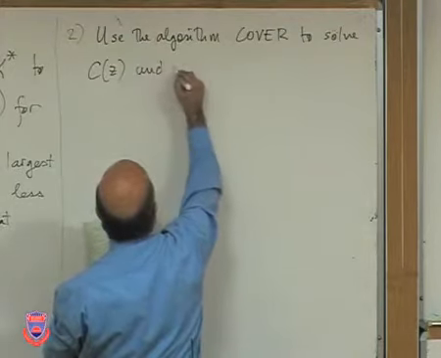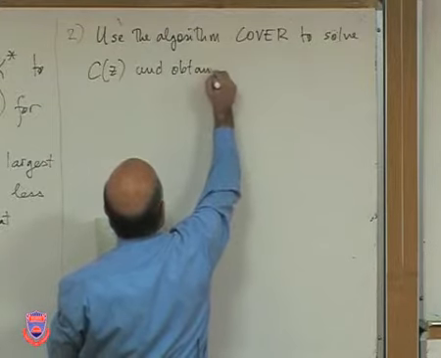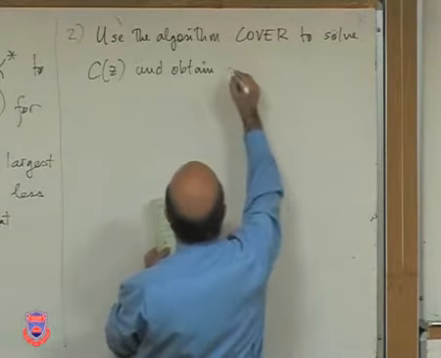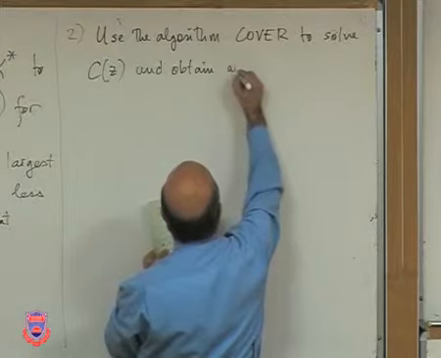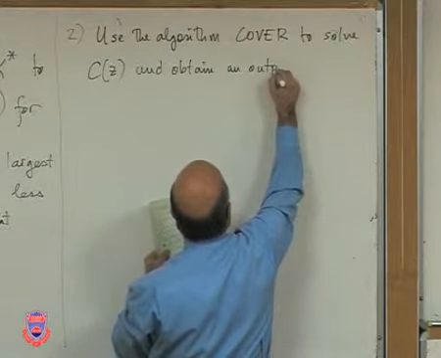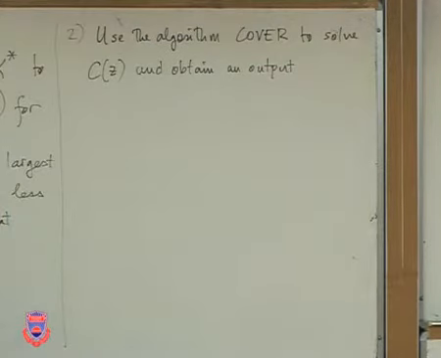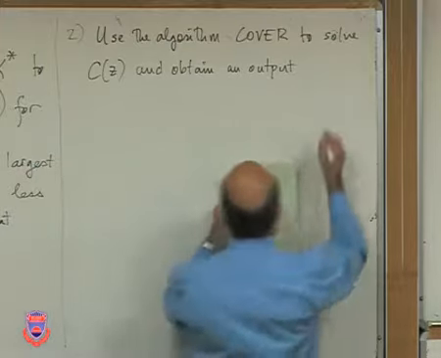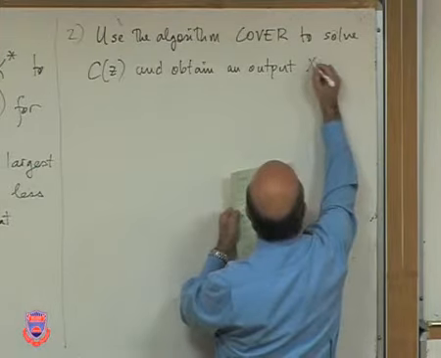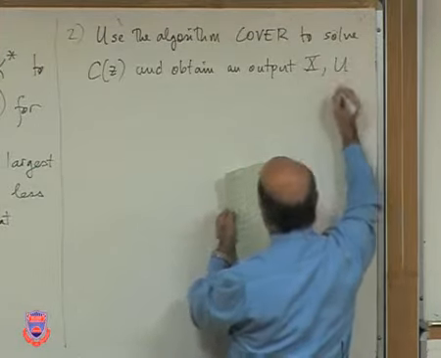And obtain an output. The output of the cover consists of two parts. One part is the x part, the other part is the u part. Okay? Obtain an output, say x and u.